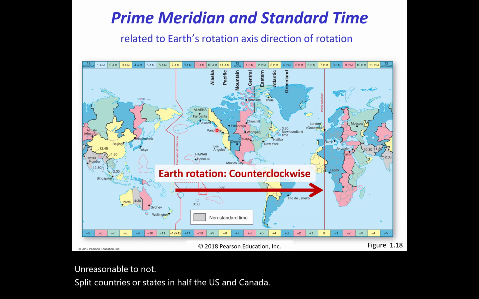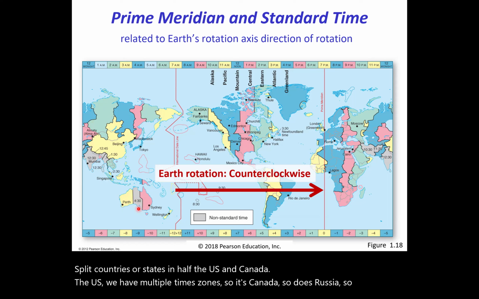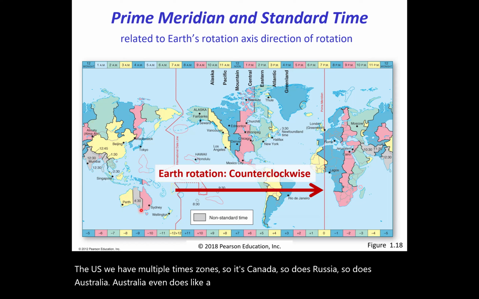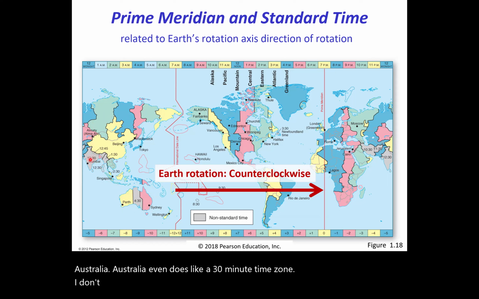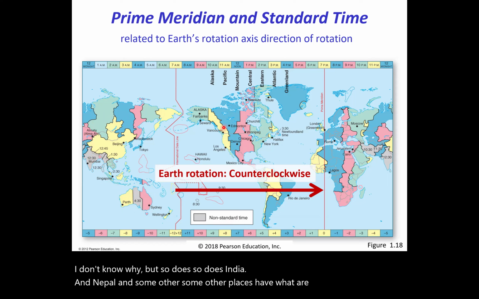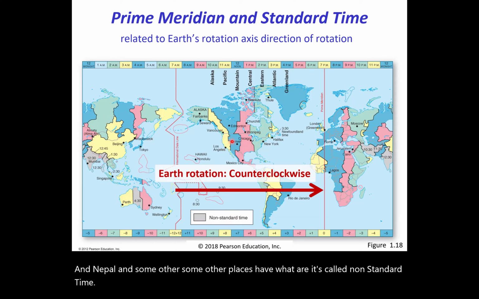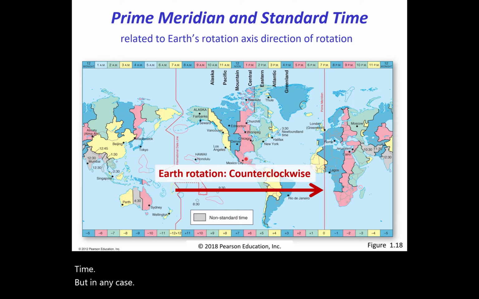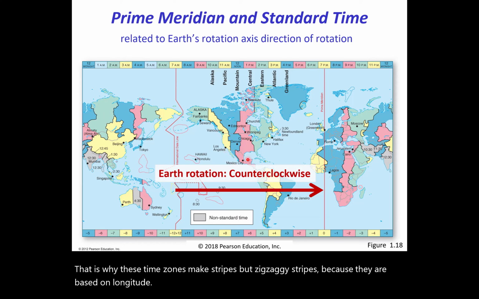The US, we have multiple time zones. So does Canada. So does Russia. So does Australia. Australia even does like a 30-minute time zone. I don't know why. But so does India, and Nepal and some other places have what's called non-standard time. But in any case, that is why these time zones make stripes, but zigzaggy stripes, because they are based on longitude, which comes up and down.